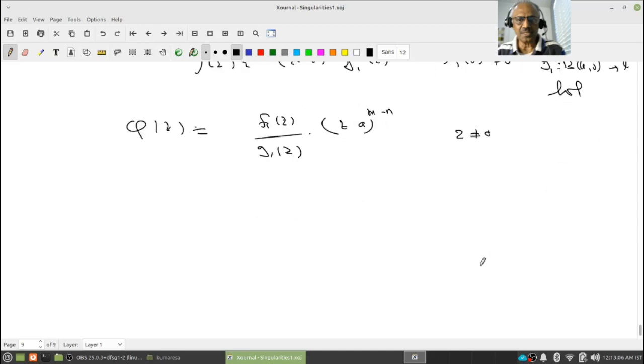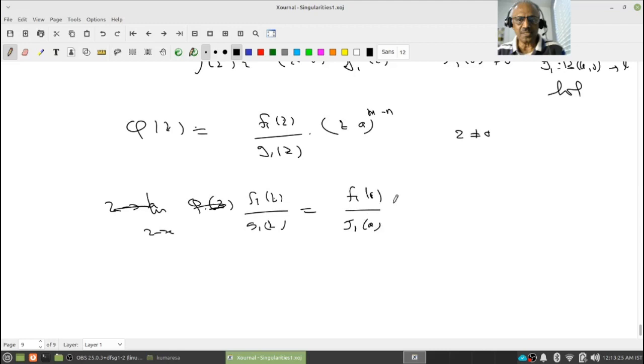Now what kind of singularity can I expect? All of you remember, as z tends to a, the limit of f1(z) / g1(z) is f1(a) / g1(a), because g1(a) is not 0, therefore it is a finite number. Therefore the problem comes only here, and if m is greater than or equal to n, then I am through.